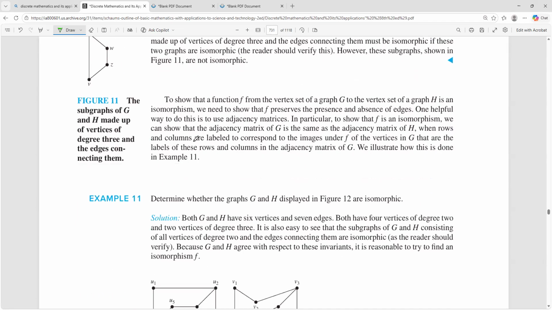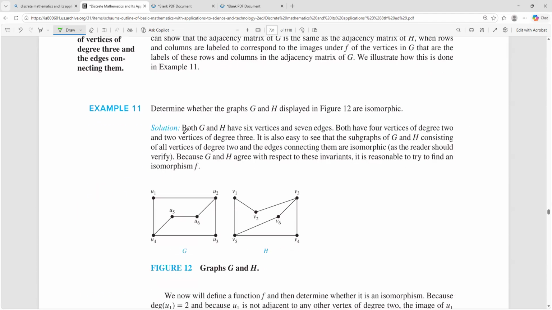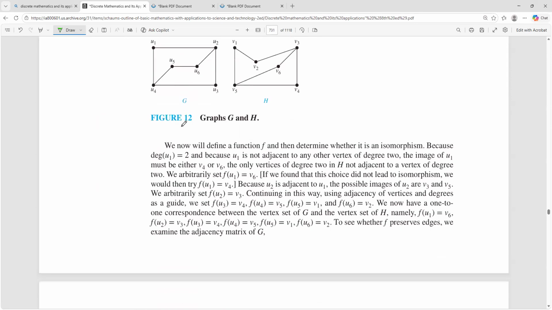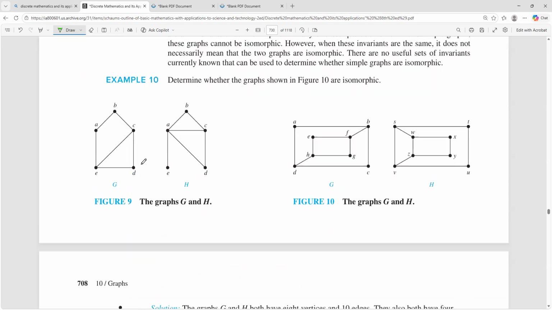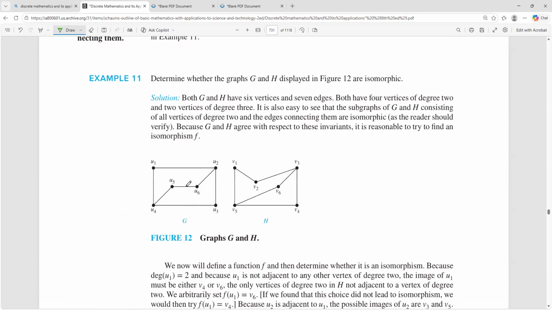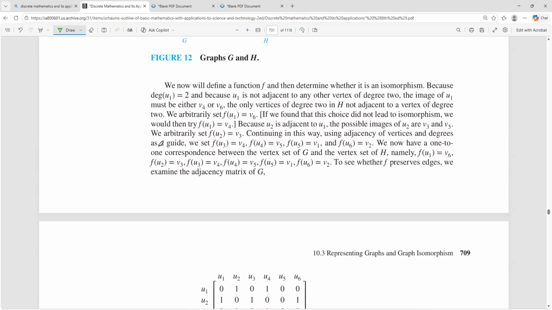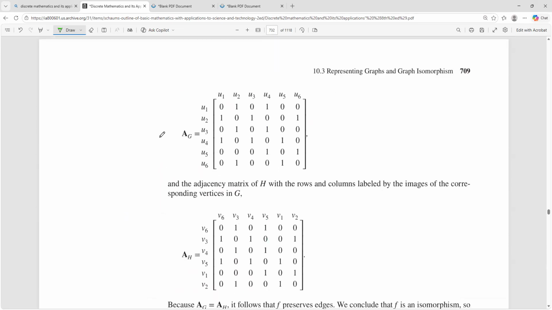It's part rigorous method, part eyeball. When it comes to rigorous methods, always remember to count the number of edges and the number of vertices. If the number of edges is different, then right off the bat, boom, not isomorphic, because two isomorphic graphs have to have the same number of edges. There are a couple of strategies.